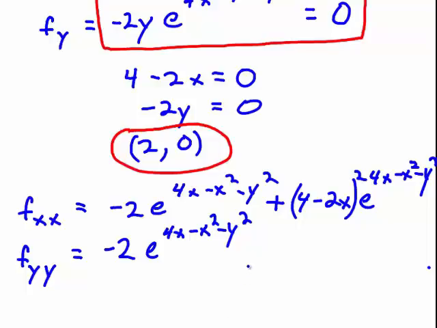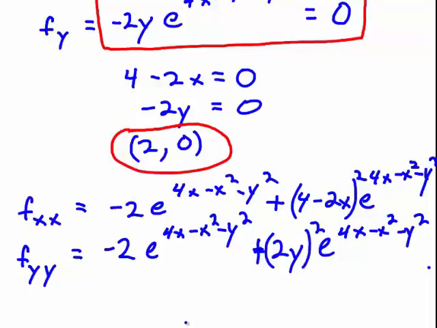plus, well, I'm just going to leave the minus there, so minus 2y, the first times the derivative of the second. Well, okay, so you take the derivative of the second and take the derivative of the exponent by the chain rule, and you have to multiply by another negative 2y, which essentially is going to make it plus 2y squared.